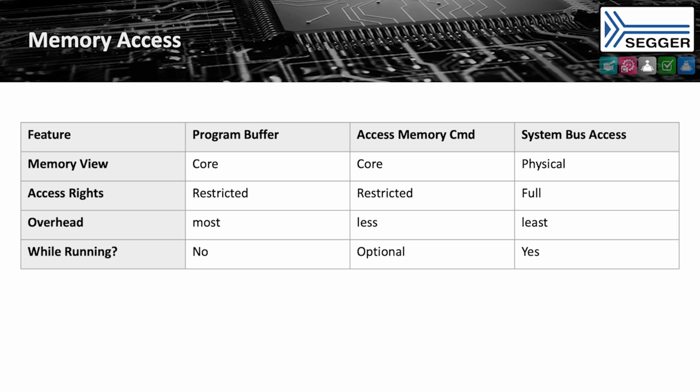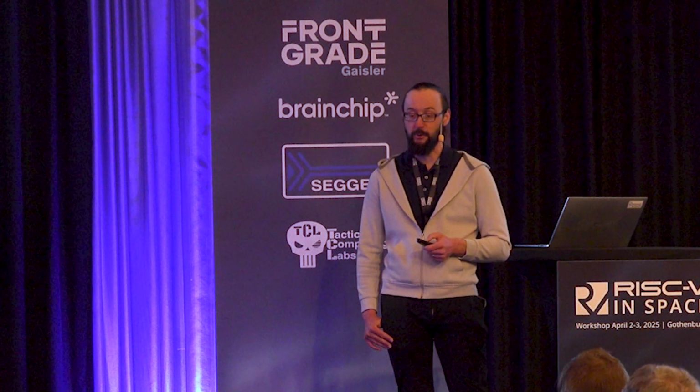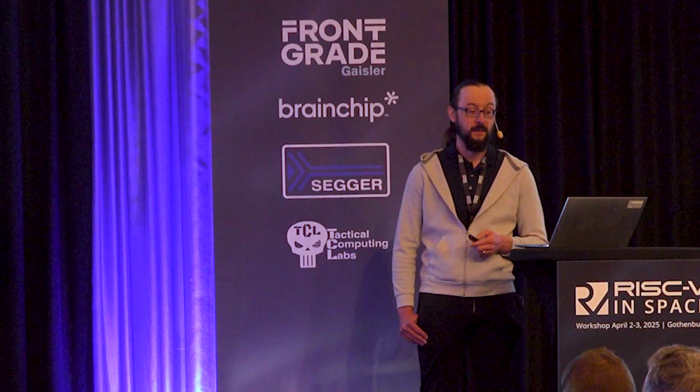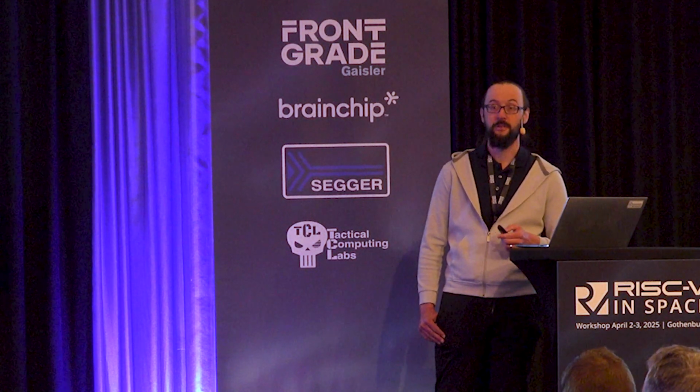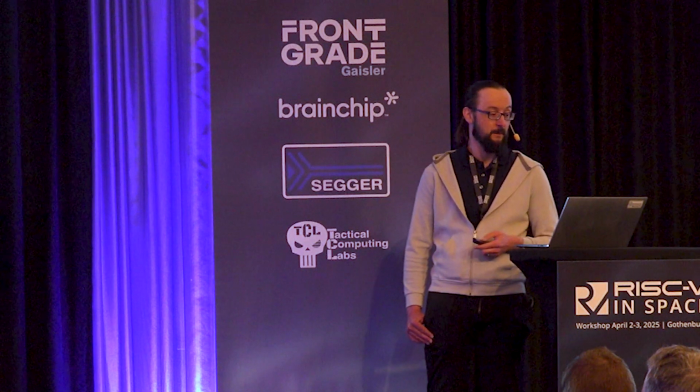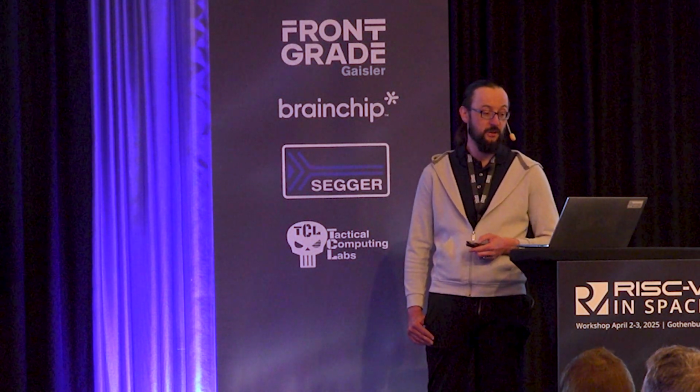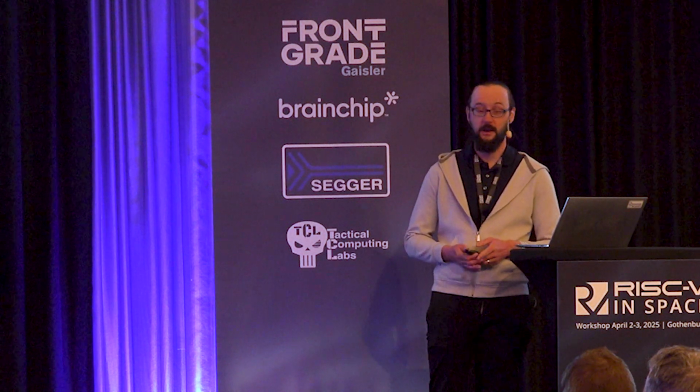It has full access to all memory in the system, but its view might not be coherent with the core's view if, for example, caches are involved. The access memory command and system bus access have less overhead and can increase the debugger's throughput. This may, for example, be useful and noticeable not only for programming a device, but also when scrolling in a debugger through the memory window.